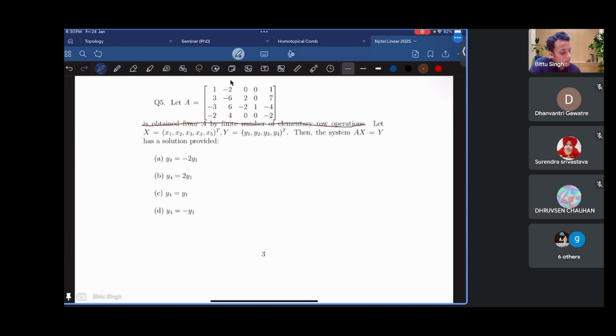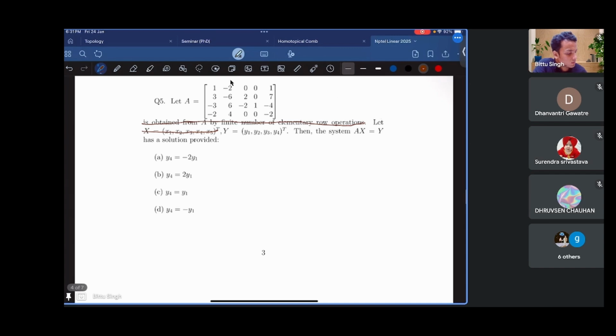So the question is Ax equals y. If Ax equals y has a solution, what will be the condition among those y1, y2, y3, y4? So let us rewrite the question.